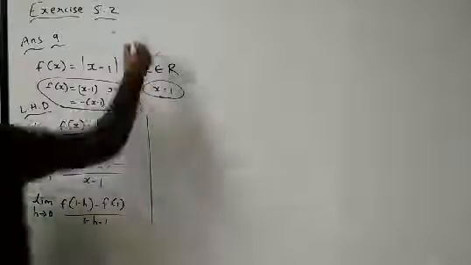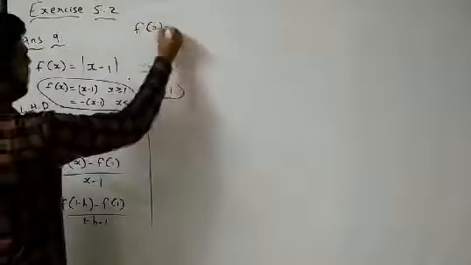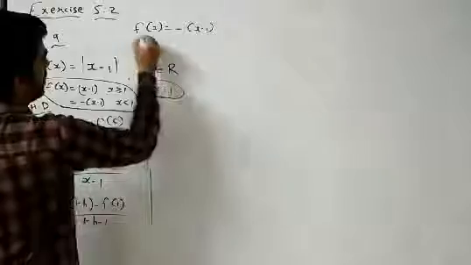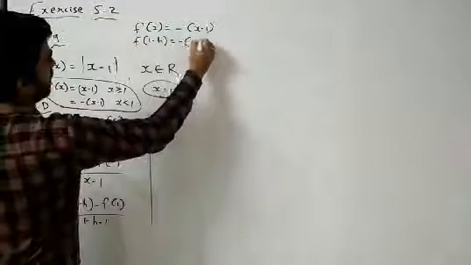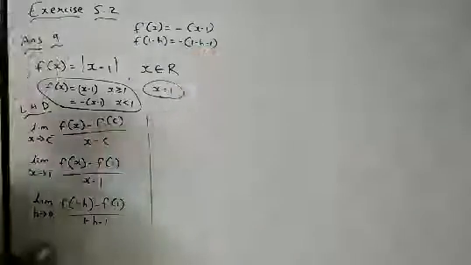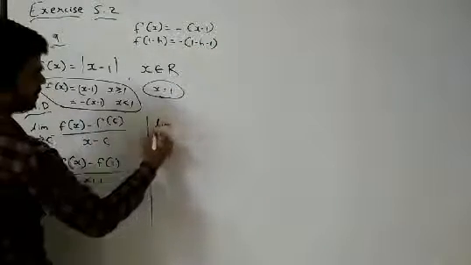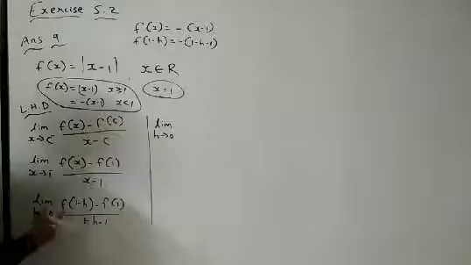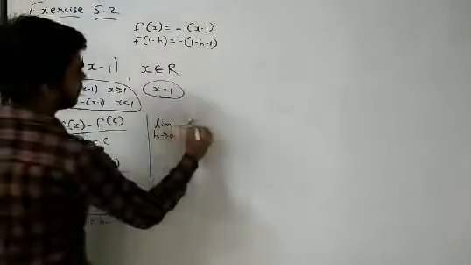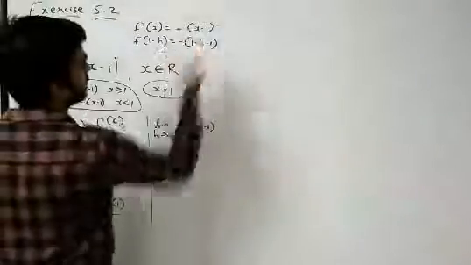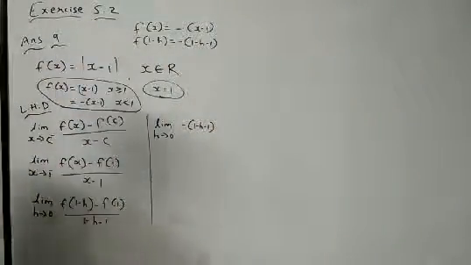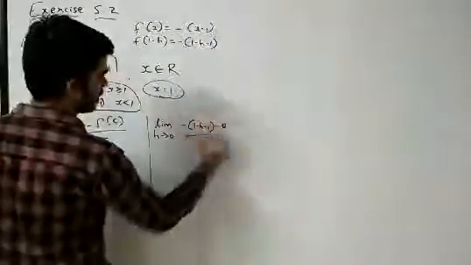So for this particular function, if f of x is minus of x minus 1, then f of 1 minus h will be minus of 1 minus h minus 1. So limit h tends to 0 of minus of 1 minus h minus 1, minus f of 1. F of 1, 1 minus 1, will be 0. So here I am writing it as 0.